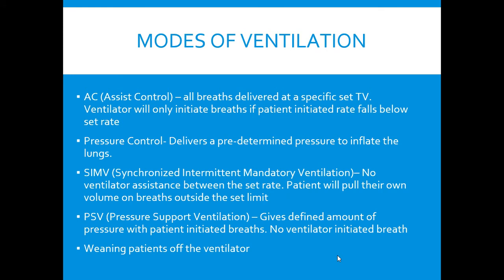The vent delivers some settings. It tries to deliver the same setting, so the rate of 12 breaths per minute and a tidal volume of 500. But if the patient breathes on their own, the vent will assist with breathing. So really, this mode helps the patient during the weaning process.